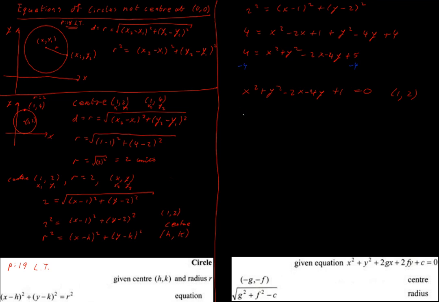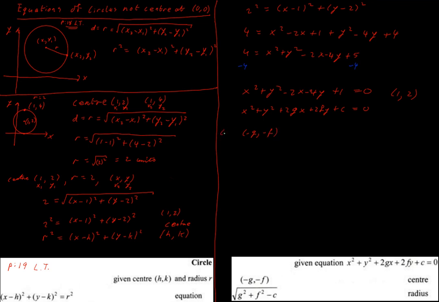I'll write the general version of it underneath here: x squared plus y squared plus 2gx plus 2fy plus c is equal to 0. And our center is going to be at minus g and minus f. So minus g and minus f is going to be our center.